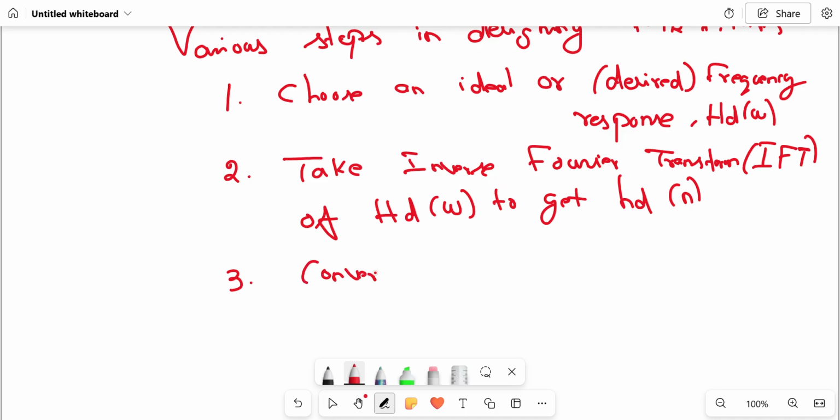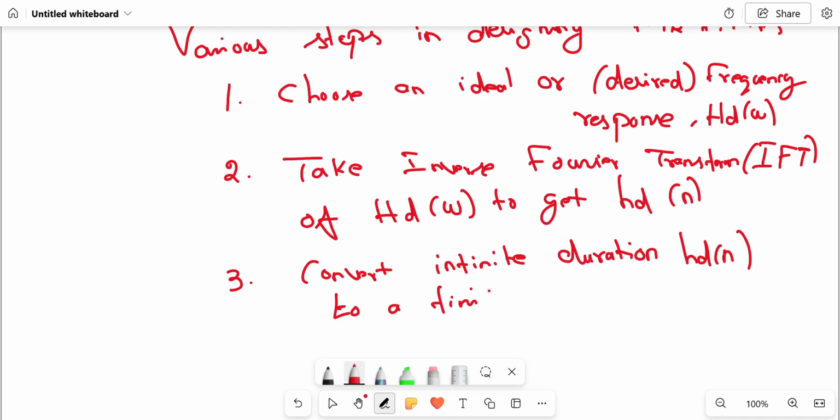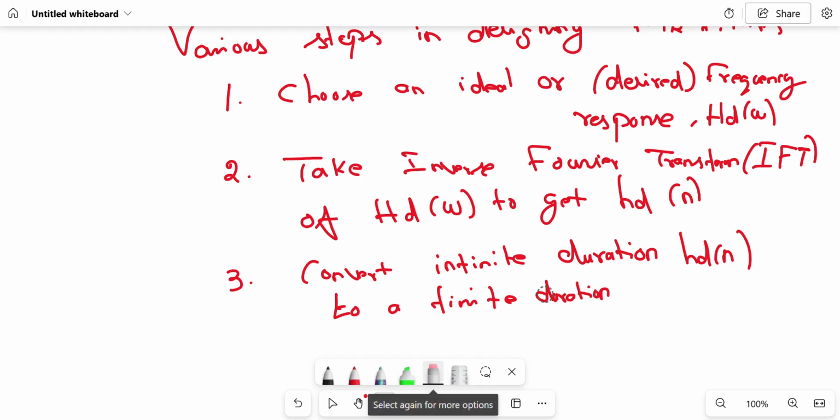Third step, convert the infinite duration HD of n to a finite duration h of n.